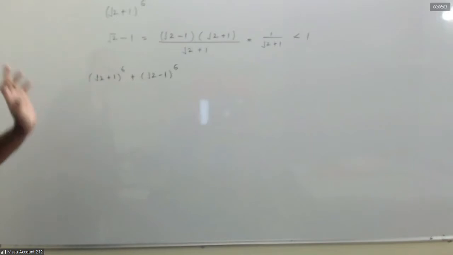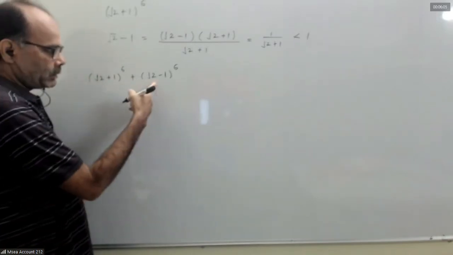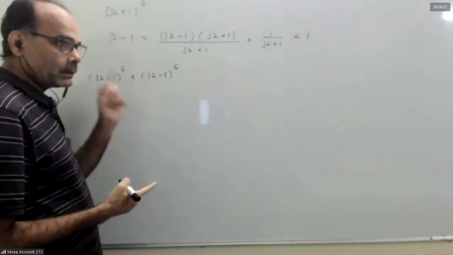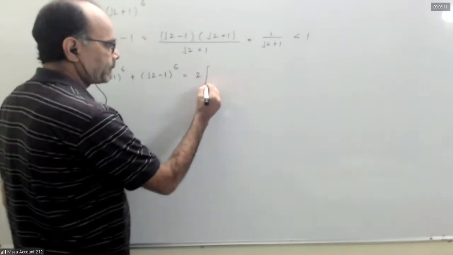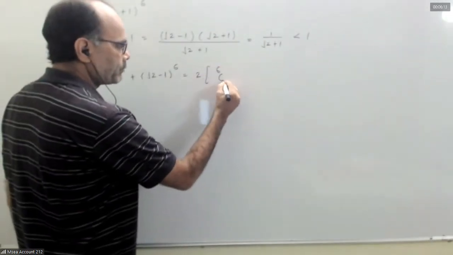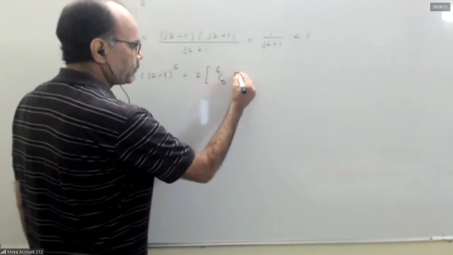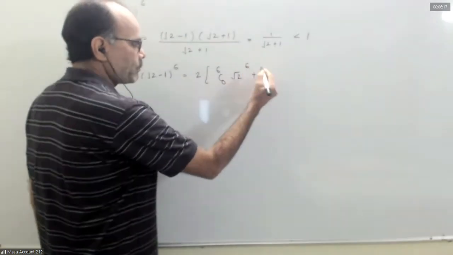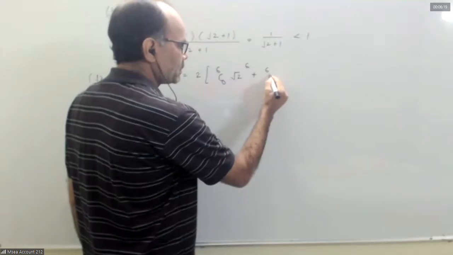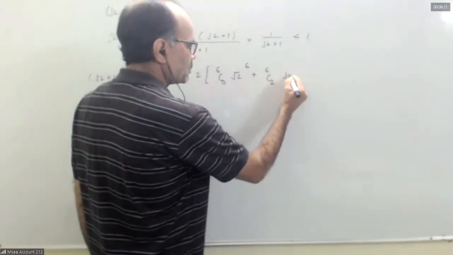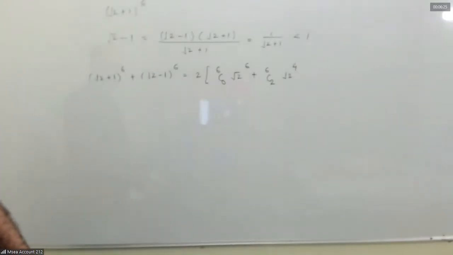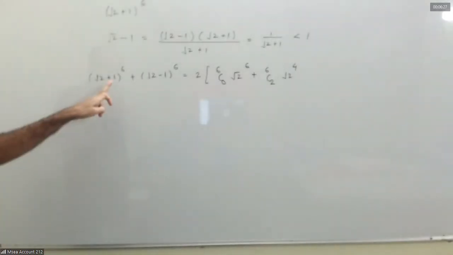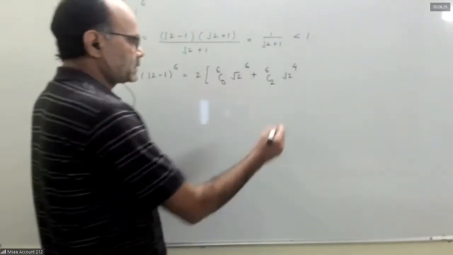So we have to put a plus here. The first term will be added, the second term will be cancelled. 1 square plus 64.